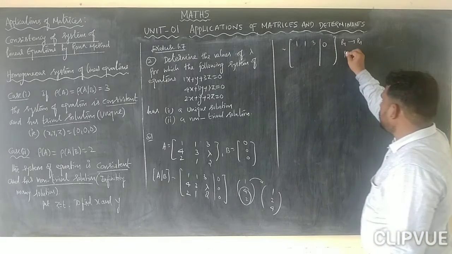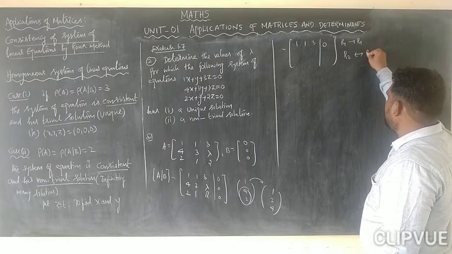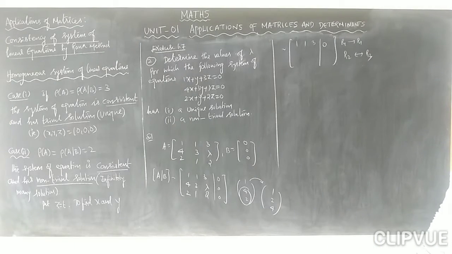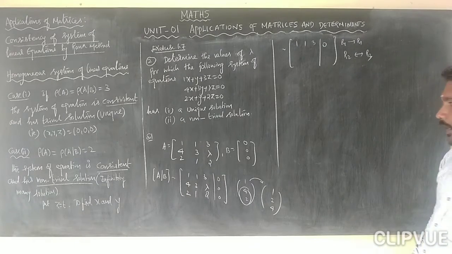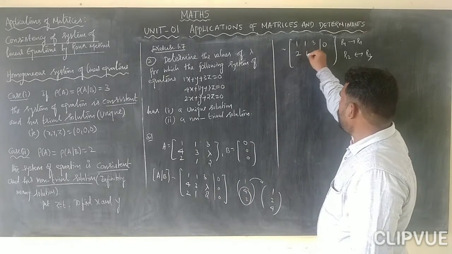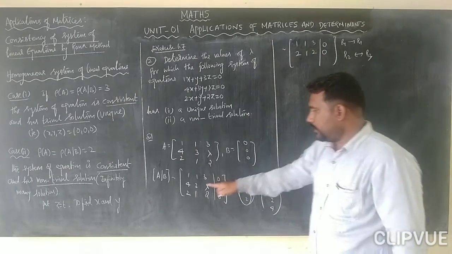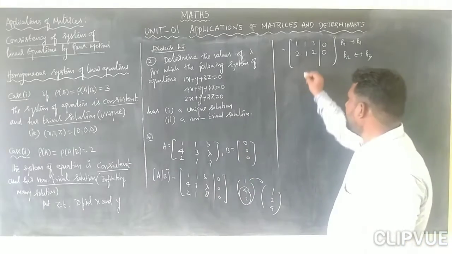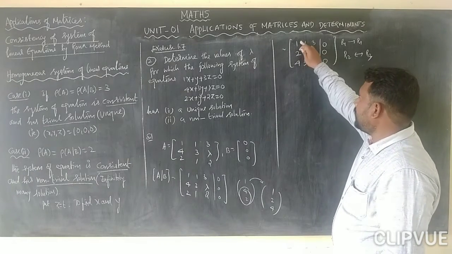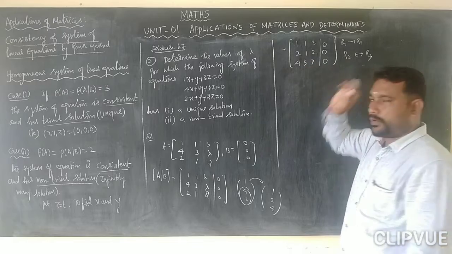Next, R2 interchanges with R3, or R3 interchanges with R2. So row 2 is 2, 1, 2, 0, and row 3 is 4, 3, λ, 0. Is it clear? 1, 2, 4.